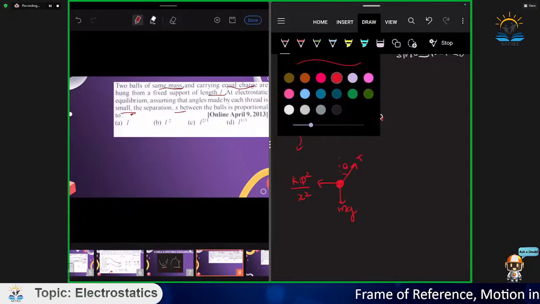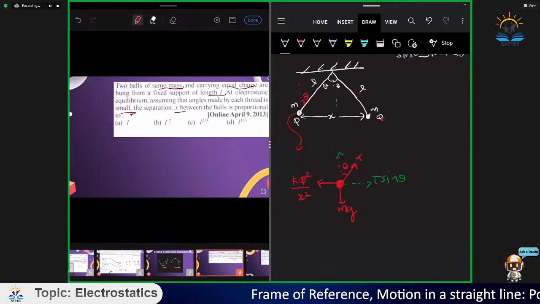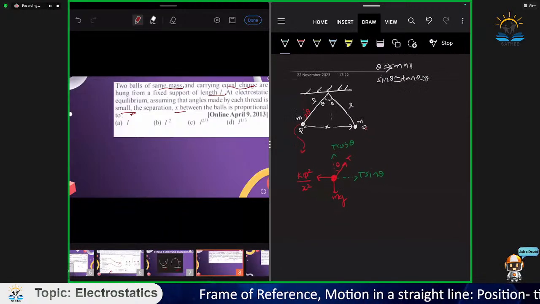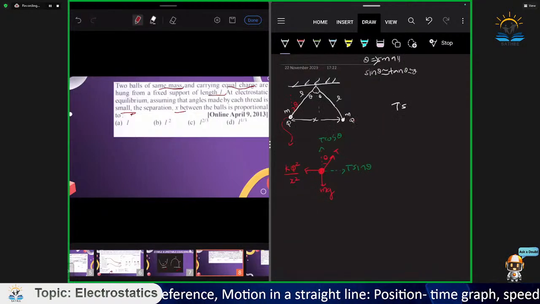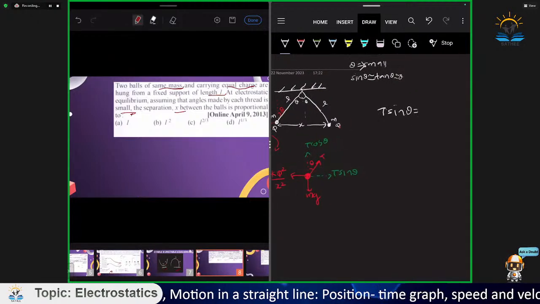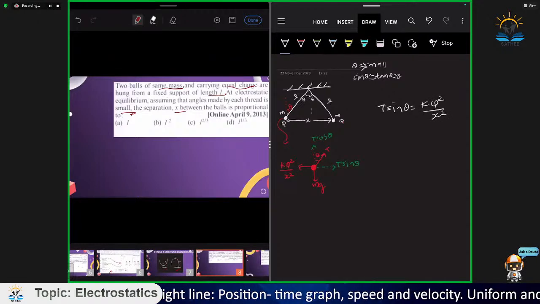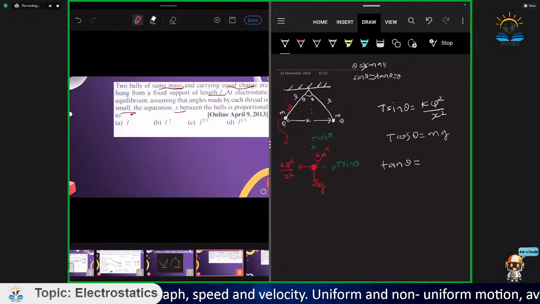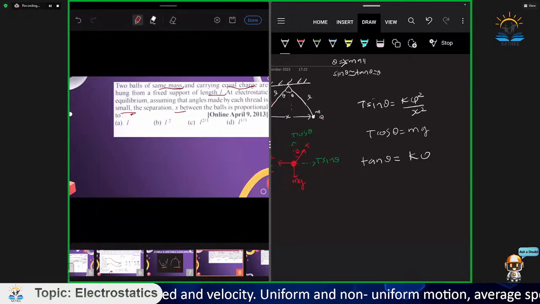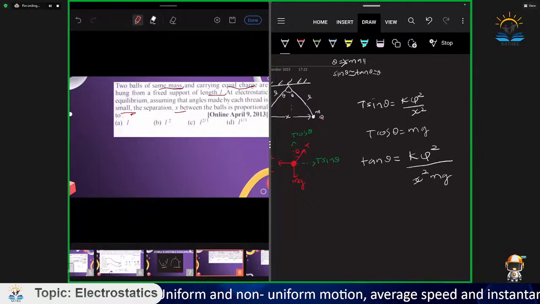Now we can resolve the tension: along this T sin theta, along this T cos theta. So just equate. T sin theta balances kq square by x square, and T cos theta equals mg. Simple. Dividing the first equation by the second, tan theta will be kq square divided by x square mg.